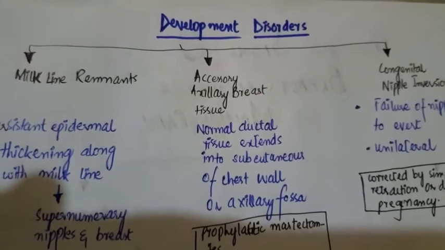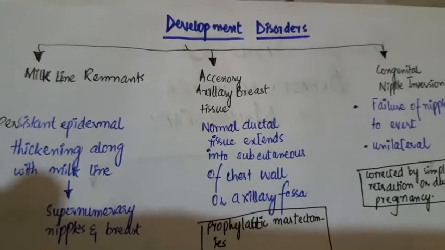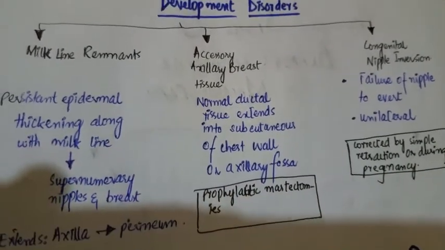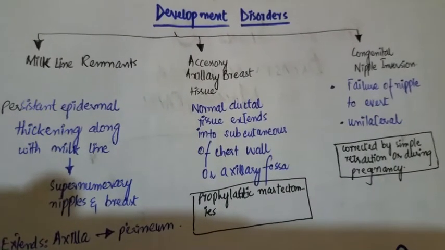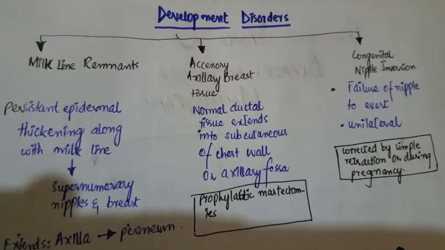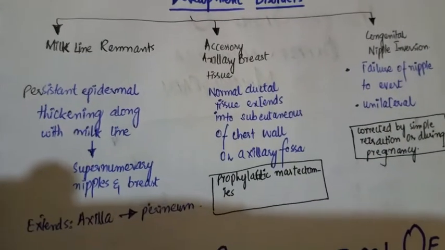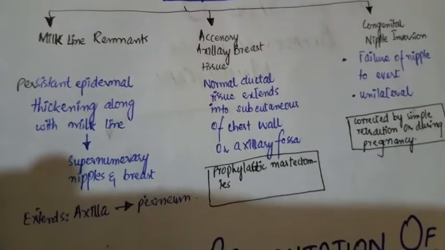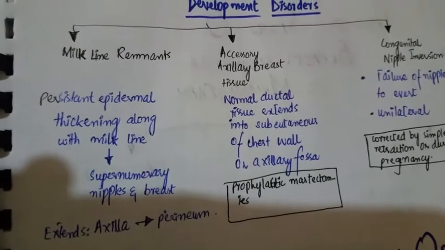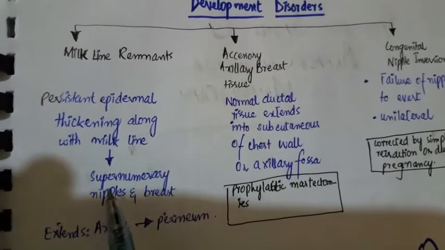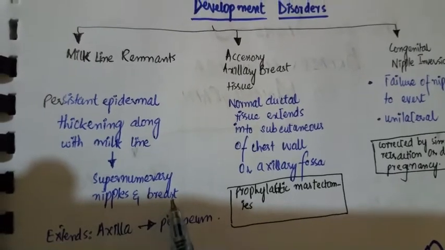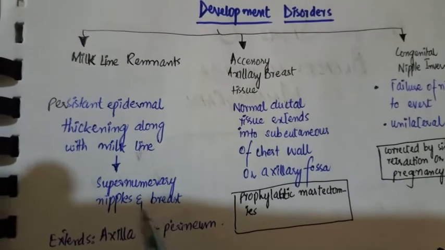Now come to the developmental disorders. There are three developmental disorders of the breast: milk line remnants, accessory axillary breast tissue, and congenital nipple inversion. What is the milk line remnant? In this, persistent epidermal thickening takes place along the milk line, which results in supernumerary nipples and breasts.